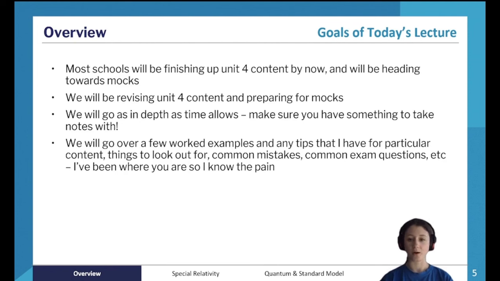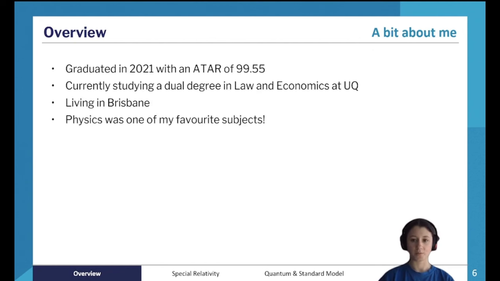I've been where you are, so I know the pain. I've had a bunch of student stories too, so I really do know a lot about this topic. So just a bit about me before we get started. I graduated in 2021 with an ATAR of 99.55. I'm currently studying law and economics at UQ. I'm living in Brisbane, and physics was one of my favorite subjects. I really loved physics.